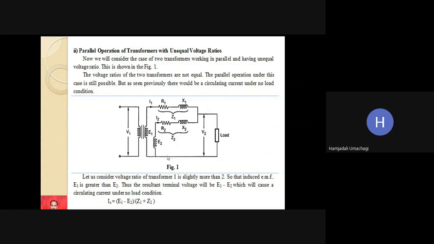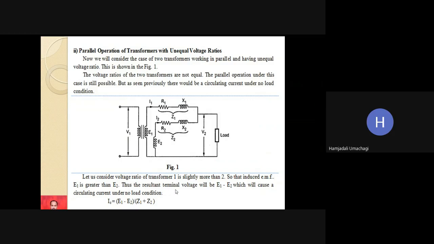Let us consider the voltage ratio of transformer 1 is slightly more than transformer 2. If the transformation ratio of the first transformer K1 is greater than the second transformer's transformation ratio K2, then the induced EMF E1 becomes greater than E2, and the condition here is E1 not equal to E2.